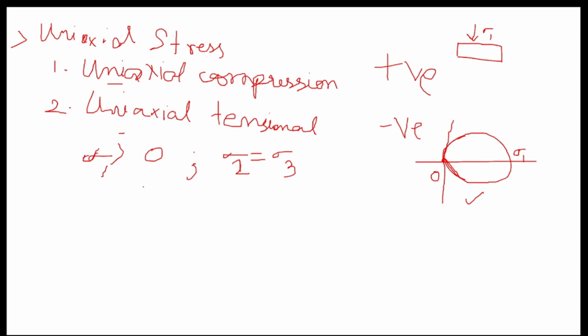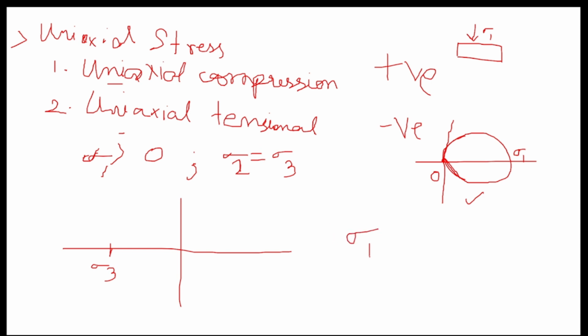Then we have uniaxial tension. Tension is always negative. So if we want to represent it in a Mohr's circle, sigma 3 will be on the negative side because it is tensional, and sigma 1 and sigma 2 will be 0.